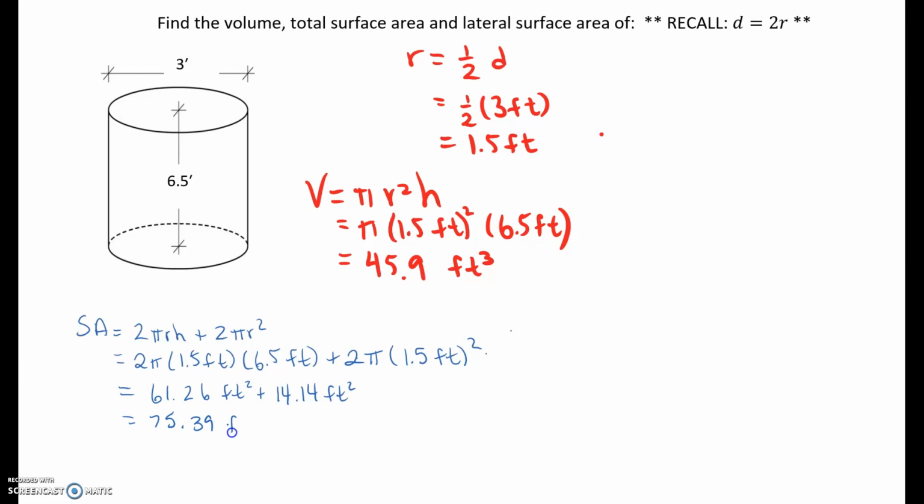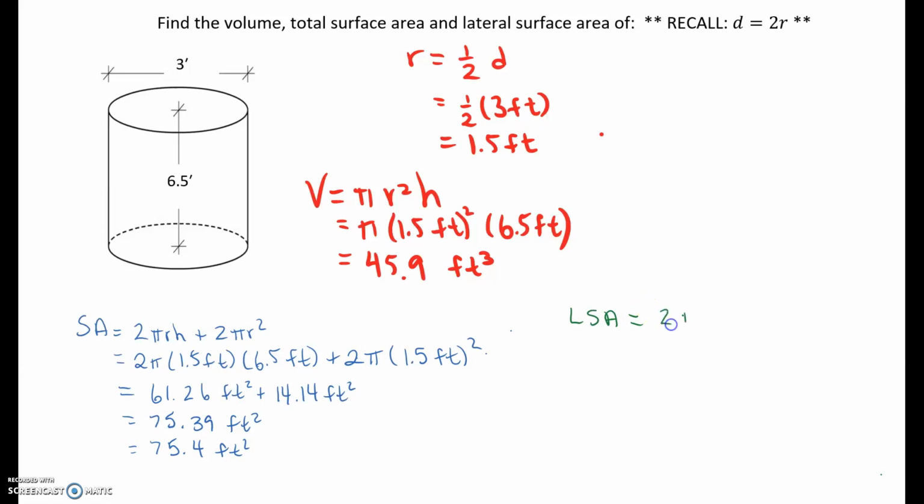Adding those values together, we get 75.39 square feet, and we'll round to the same level of accuracy that our original measurements were given to, which was 1 decimal place. So our final answer, we'll say, is 75.4 square feet. For the lateral surface area, we have a simplified formula.